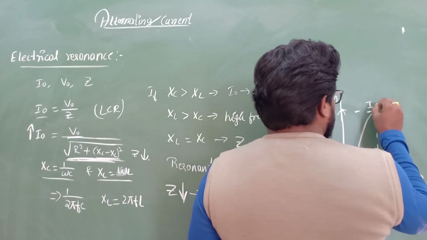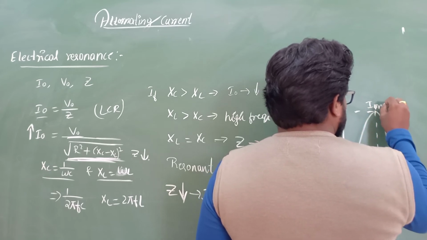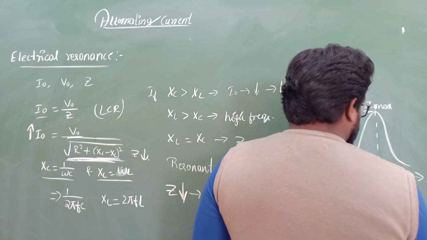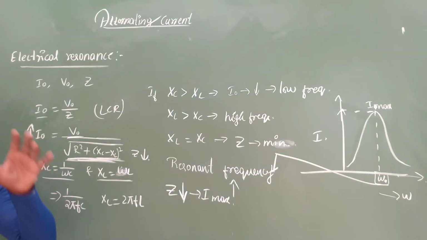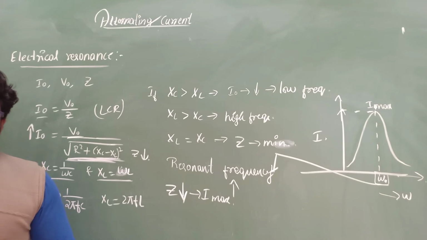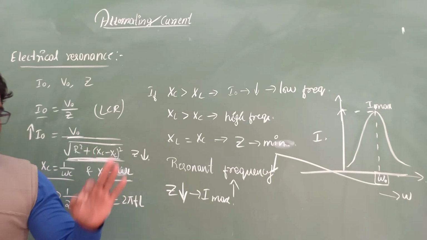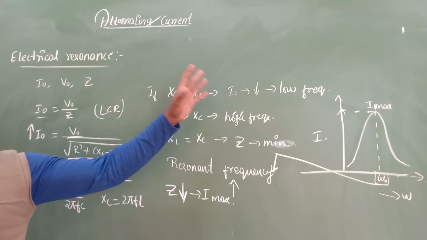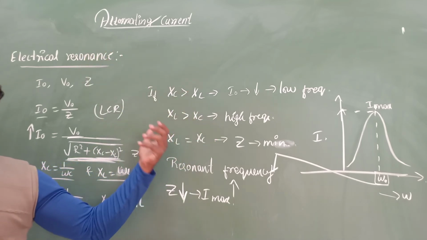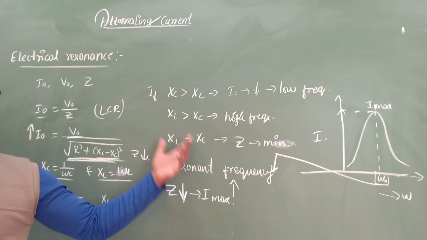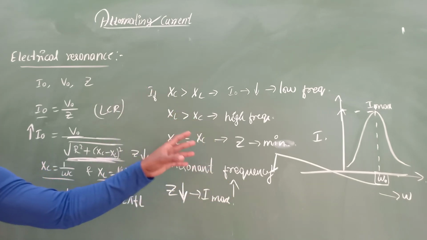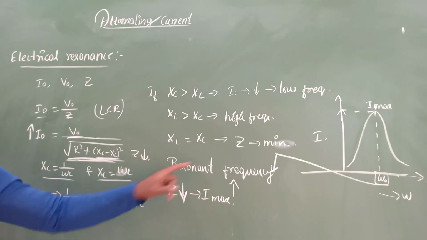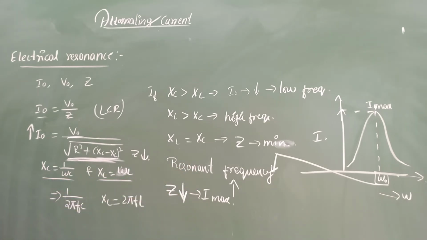This current I call I naught, or I can write I maximum. So this omega naught is called the resonant frequency, where impedance is minimum. At that particular value of impedance, the value of current becomes maximum. That condition where the circuit attains this is what we call resonance, and the frequency at that particular value of current is called the resonant frequency. So this will be the condition of resonance.